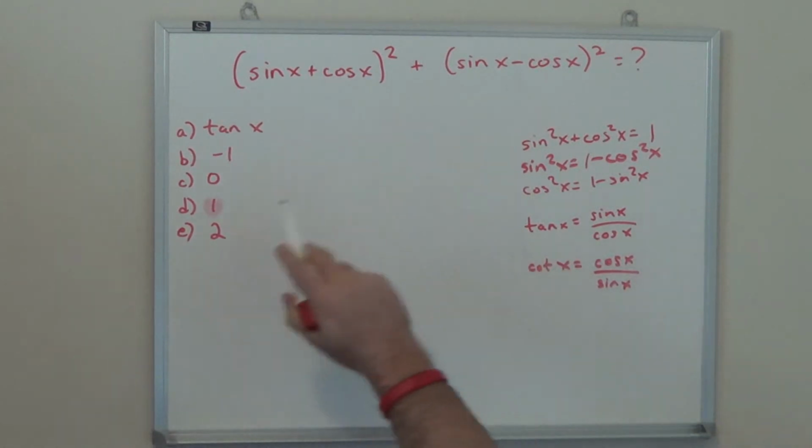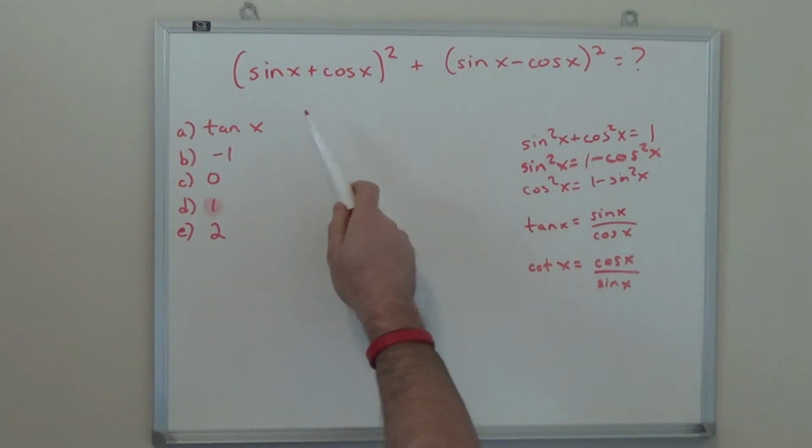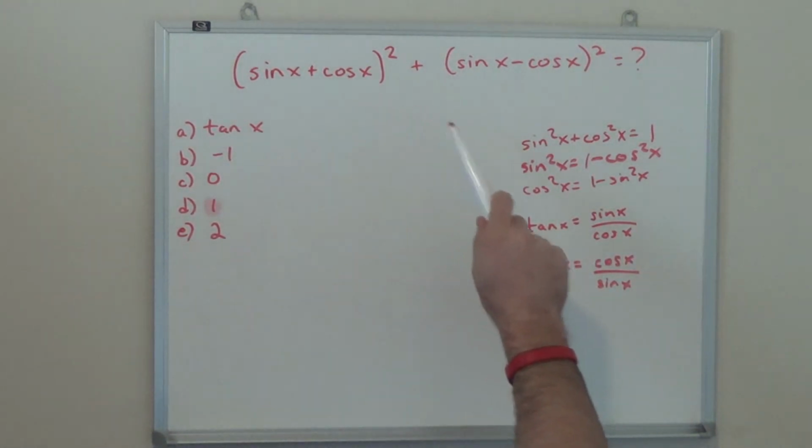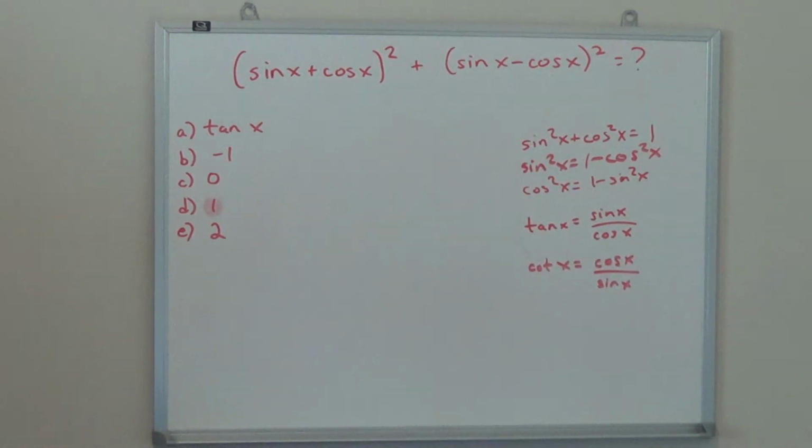Now let's look at what we have here. You have to be careful. I think one of the things that throws people off is they see the sine, the cosine, they get very nervous, they don't know what to do. It's just really algebra. This is no different than (a plus b) squared or (x plus y) squared. So just do what you would normally do.